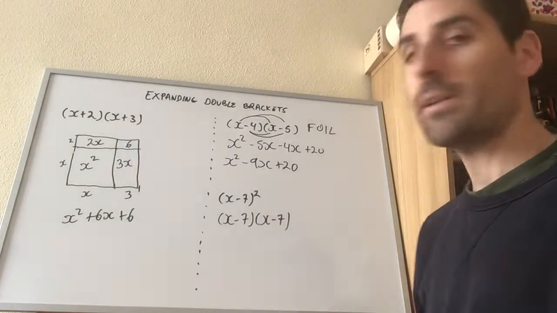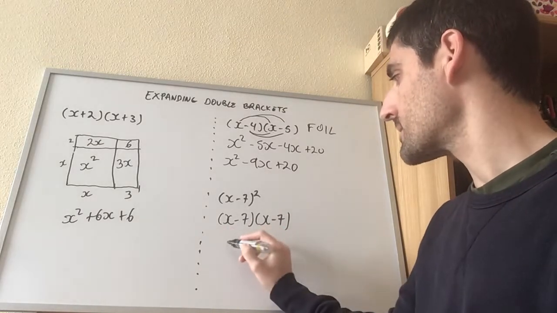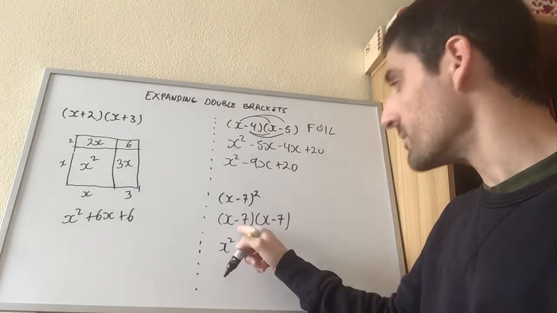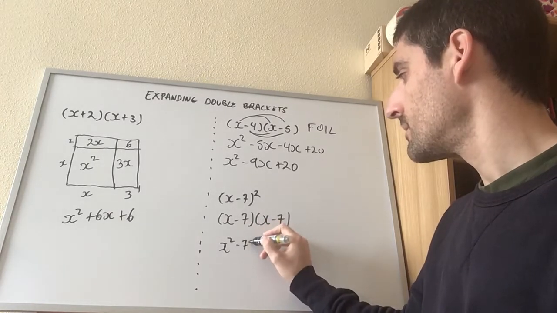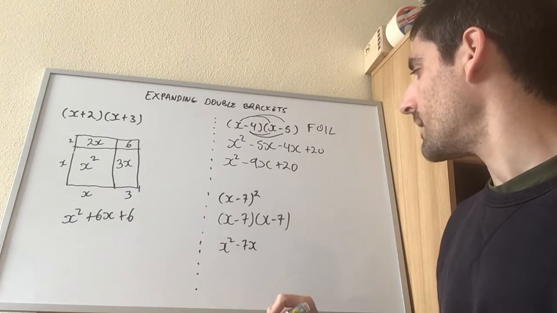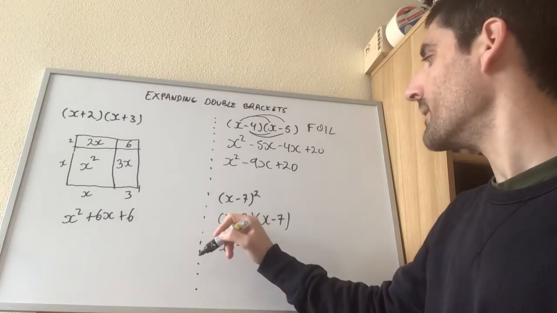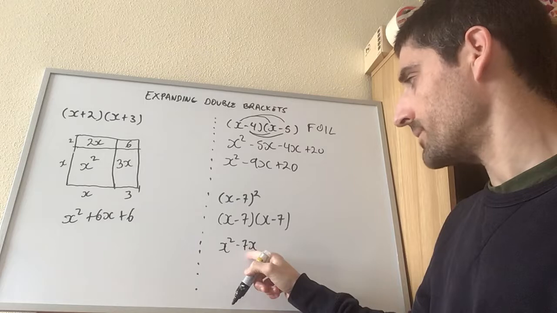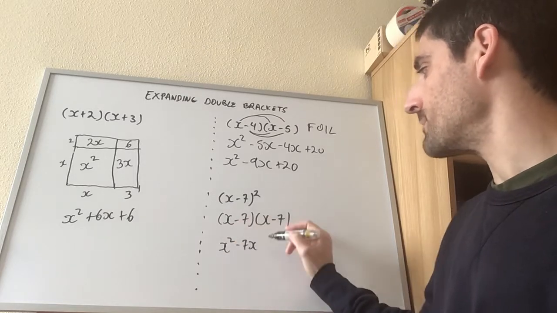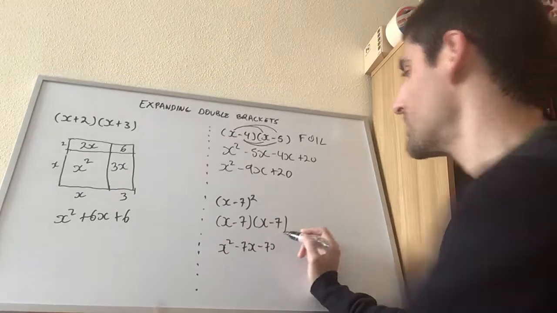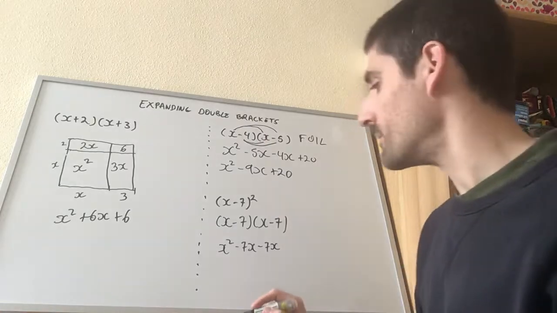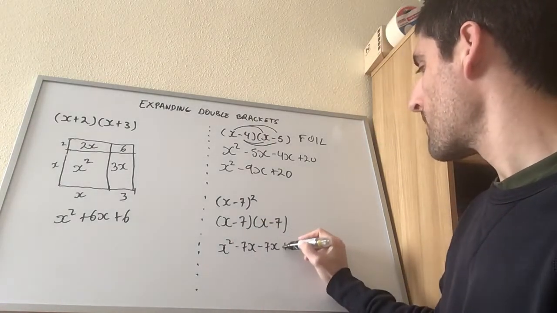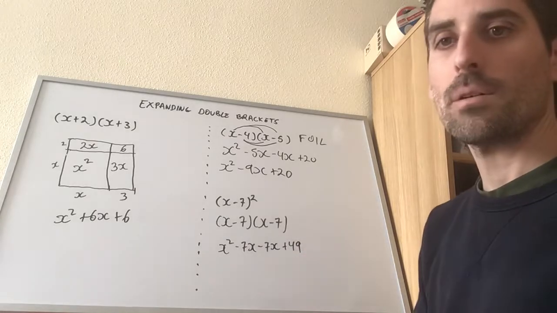And if I use the FOIL method here, x times x, x squared, x times minus 7, minus 7x, minus 7 times x, minus 7x, and then minus 7 times minus 7, plus 49.